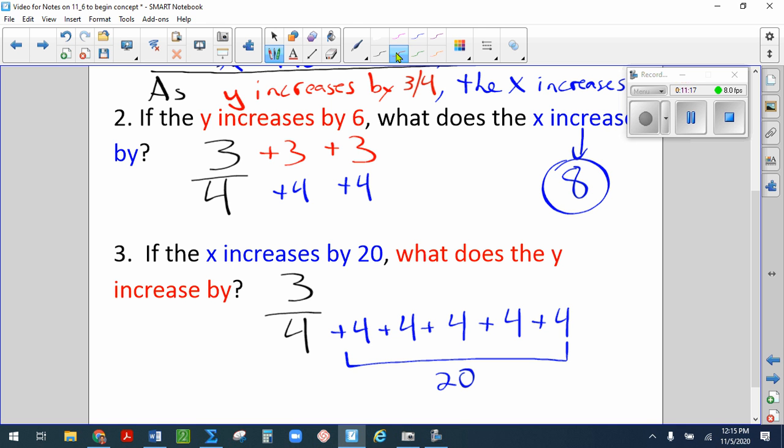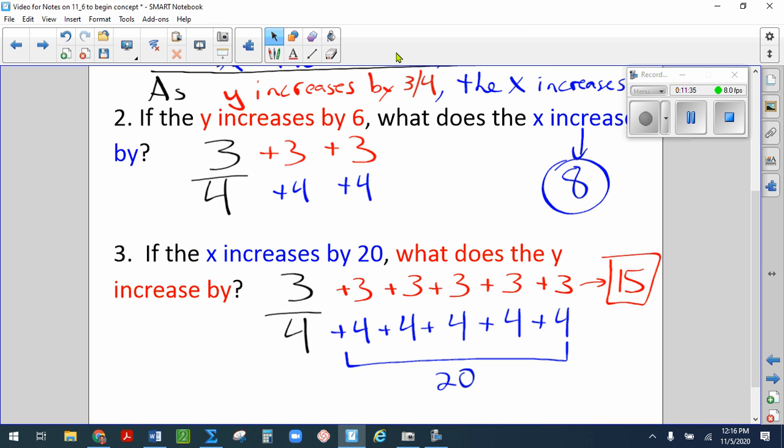So what is the y value doing? Increasing by 3, another 3 is 6, another 3 is 9, another 3 is 12, and another 3 is 15. I just have to do it the same number of times. I had to go up by 4 5 times, so I have to go up by 3 5 times.